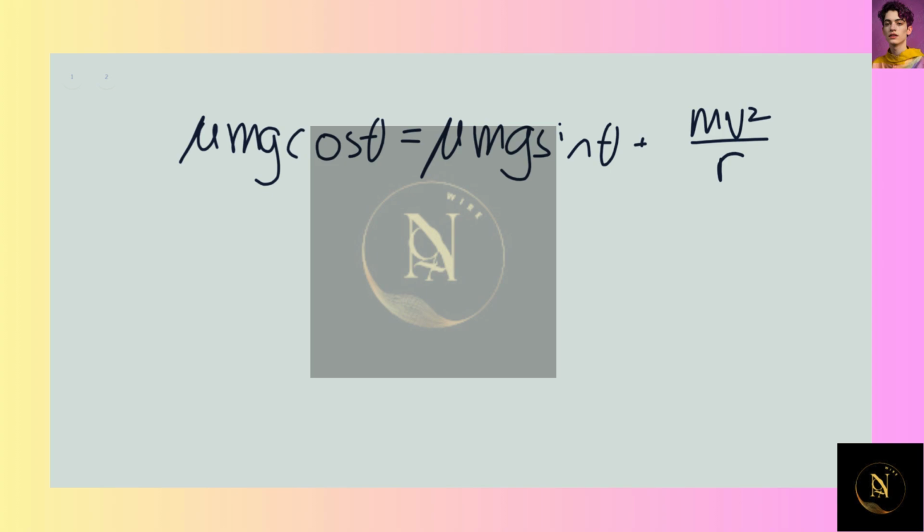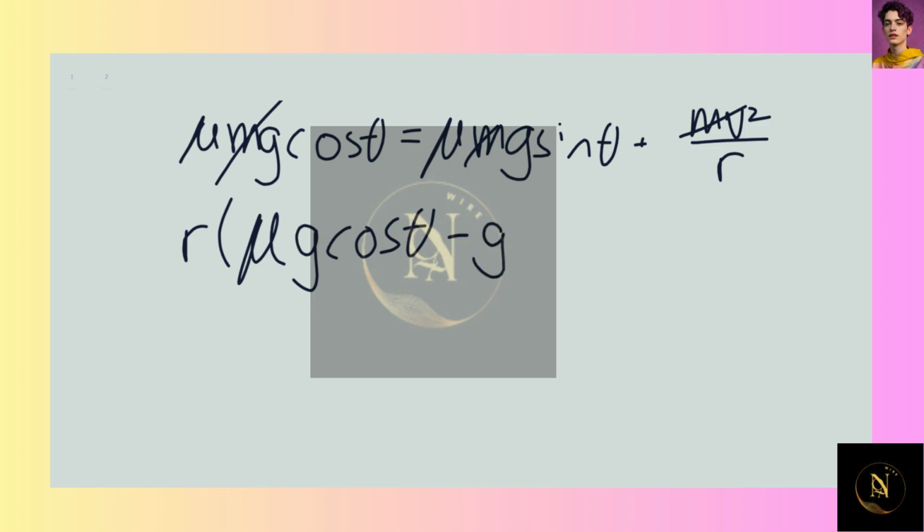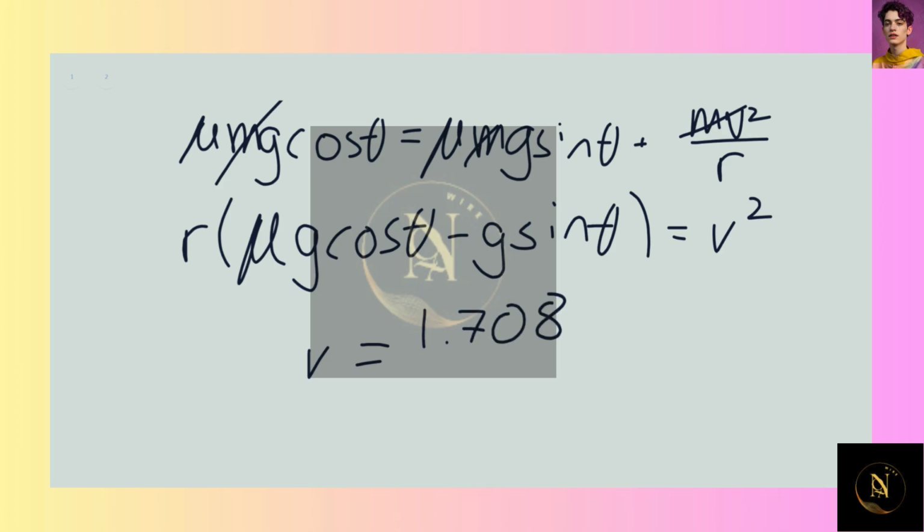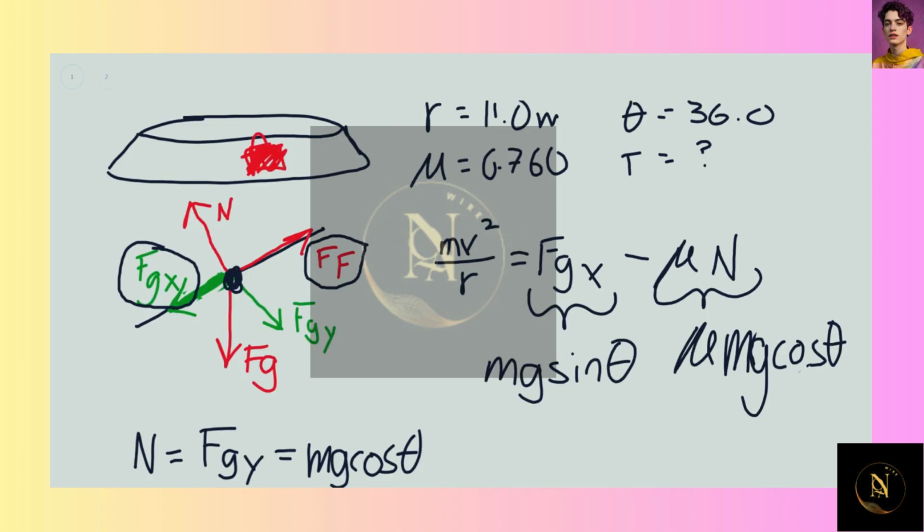So we get that r times, canceling out our m's as well, r parentheses mu g cos theta minus g sine theta is equal to v squared. And when we solve for v, we get that it is equal to 1.708, given the quantities that we have in the beginning, our r, our mu, and our theta.